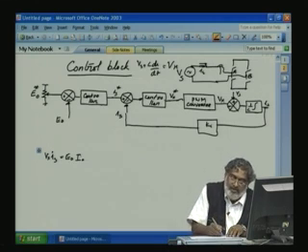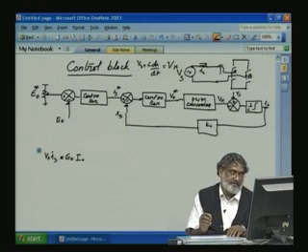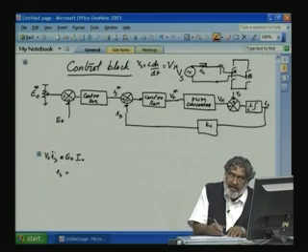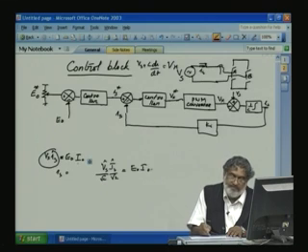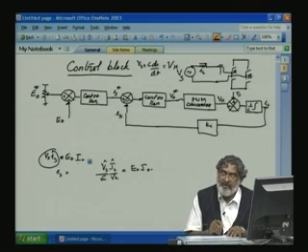Vs and Is are in RMS value. So, if you take the peak values, Vs peak, Is peak, divided by root 2, divided by root 2, is equal to E0 I0. Is we already know.